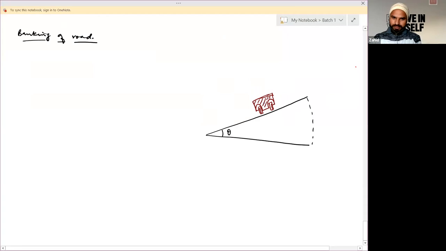First, the gravitational force along this direction, and a force perpendicular to this plane, that will be the normal reaction. If you draw a vertical line and a horizontal line to this path, this will become theta. So the normal reaction may be split into two terms depending upon this theta: N cos theta in this part and N sin theta in this part.